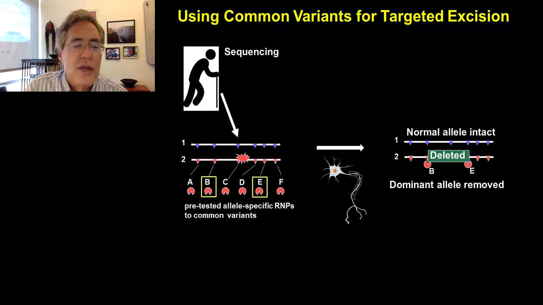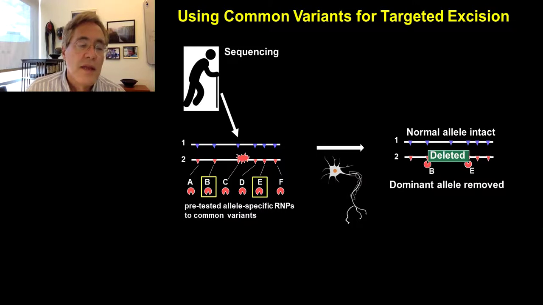In other words, it is on the same chromosome as, say, guide number B and guide number E, and we already have that. And these types of polymorphisms are actually very common in the genome. So we're targeting the Cas9 to those specific common alleles. And then the idea would be that we could take B and E and put them together to delete the disease allele, leaving the normal allele intact.